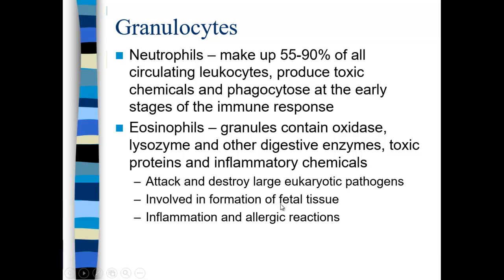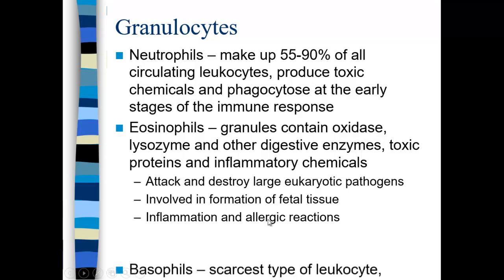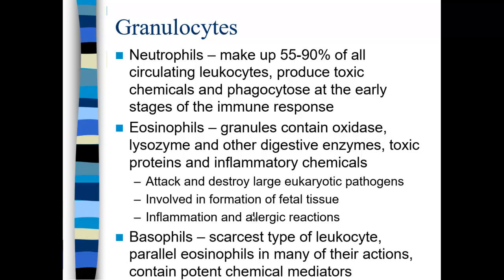They're also involved in the formation of fetal tissues, and you do see eosinophils in inflammation and allergic reactions. Then you have basophils, which are the scarcest type of leukocytes, and they are very much parallel to eosinophils, and they contain potent chemical mediators for digesting the bad guys.